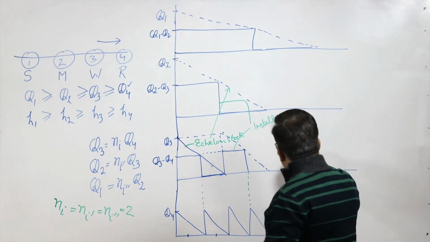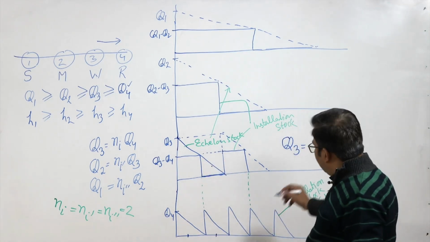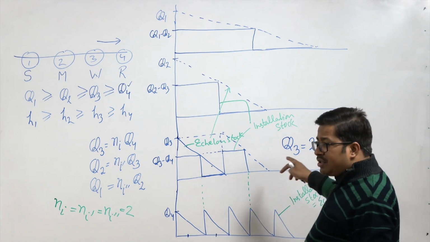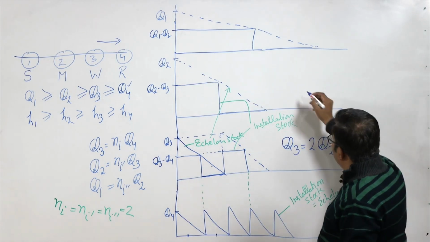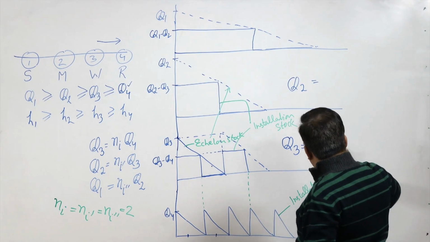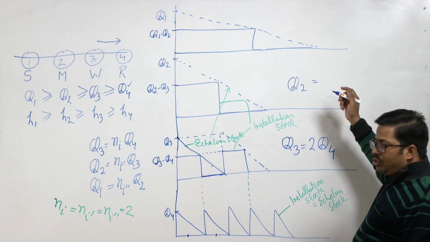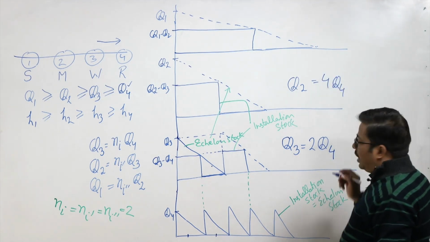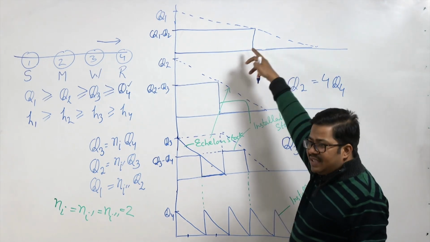So here you see that Q3 can be represented, that we have already done, it is 2 Q4, because Q2 is 2 Q3. So I can also write Q2 equals to, sorry, this is Q4, here it is Q4, Q2 is equal to 2 into 2 Q4, that is 4 Q4, and 2 cycles of Q2 represent 1 cycle of Q1.